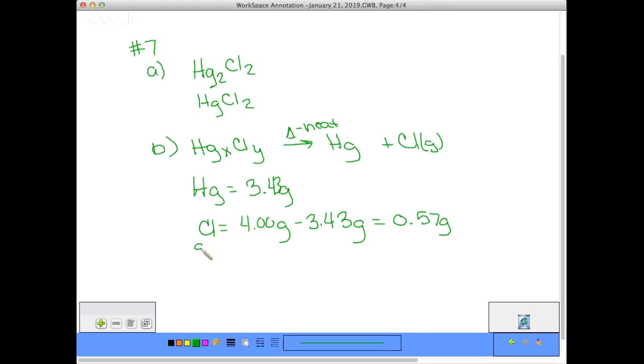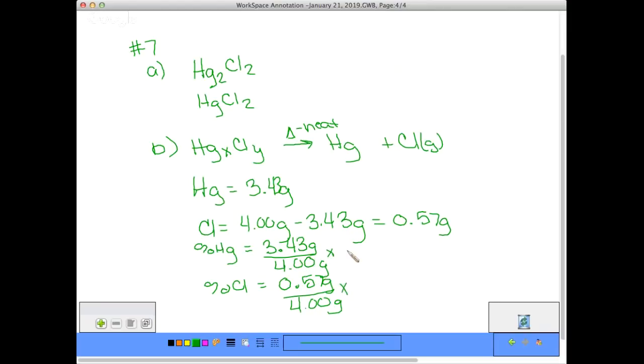To find my percent of mercury, I'm going to take my 3.43 grams and divide it by my total mass. To find my percent chlorine, I'm going to take my mass of chlorine and divide it by the total amount of the whole sample. So notice I'm doing my part over my whole.